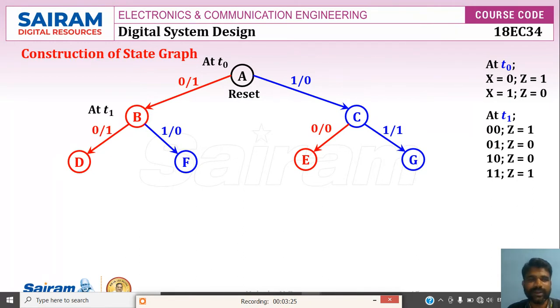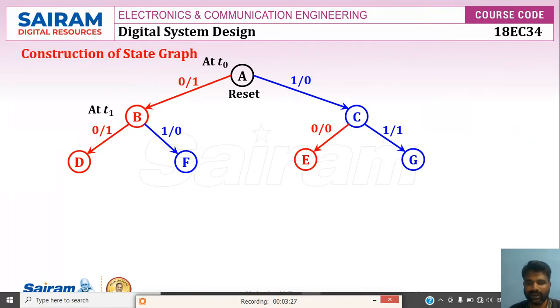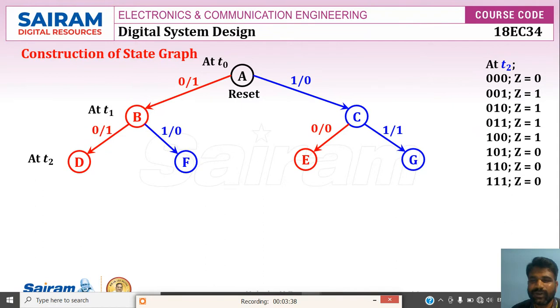Similarly at T2, we are in states D, E, F, G. Again we know at T2, for each 3-bit received sequence there is an output. Now we'll analyze the same thing here.